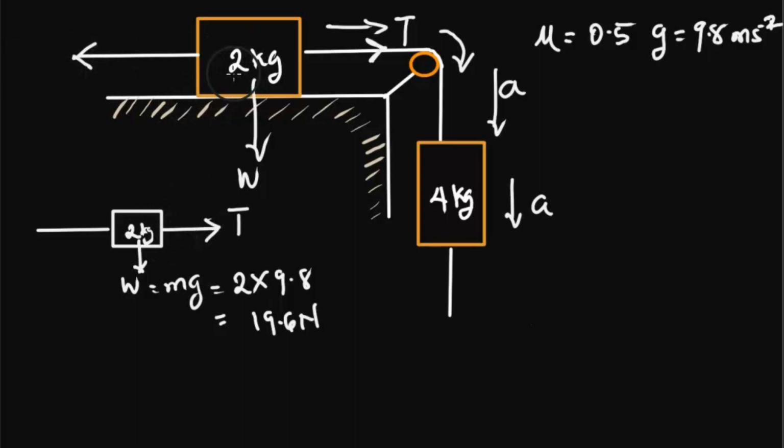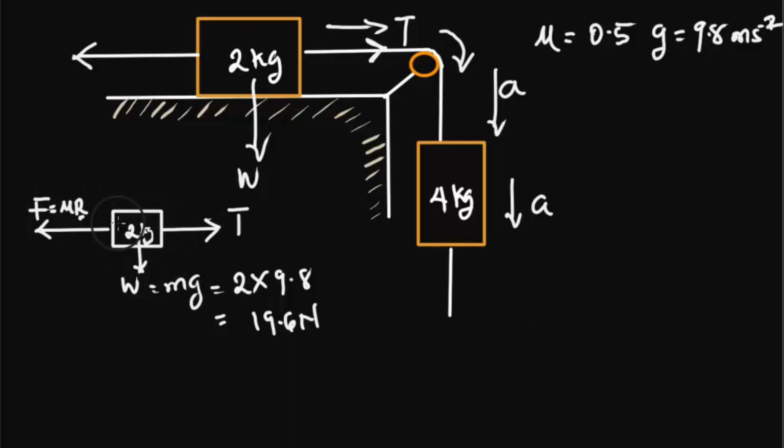So as our tension moves the string and the block downwards, an opposing force, our frictional force, opposes that motion. Our frictional force is given by mu R, which is your coefficient of friction multiplied by your normal reaction.